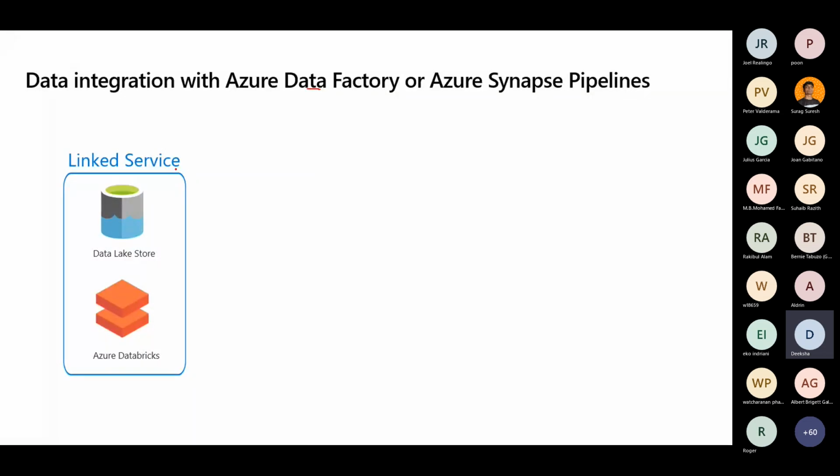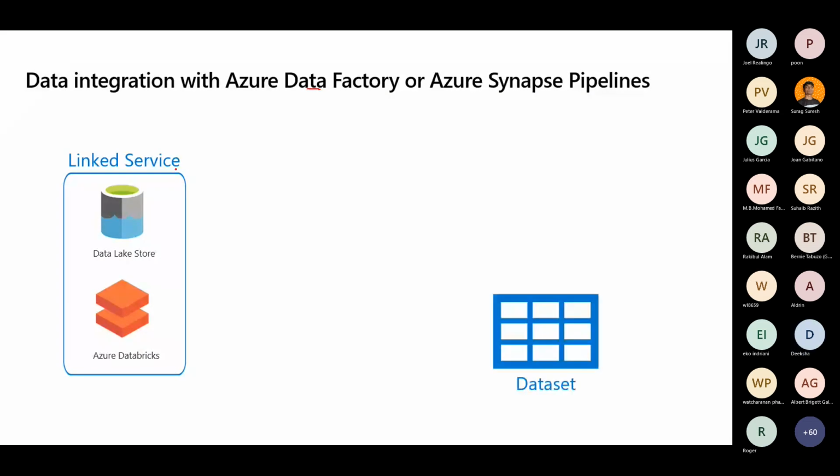That is your linked service, and once you create a linked service, the second thing is your dataset. What is a dataset? We have connected with the storage. In the linked service, data factory identifies that out of 10 storages, I need to connect with this one. Once the connection is built, the location where your data is available you are going to define at the dataset level.